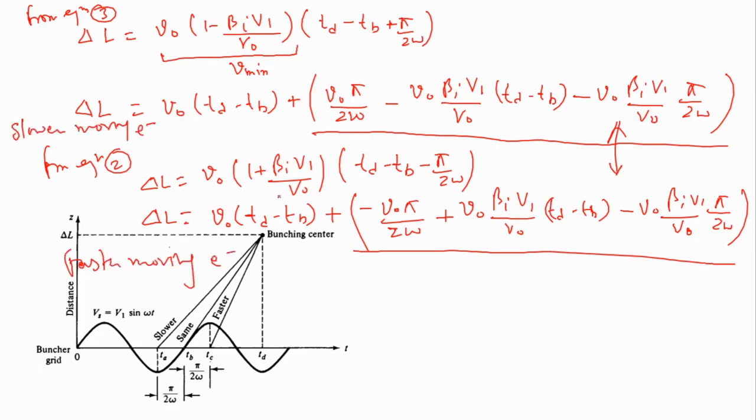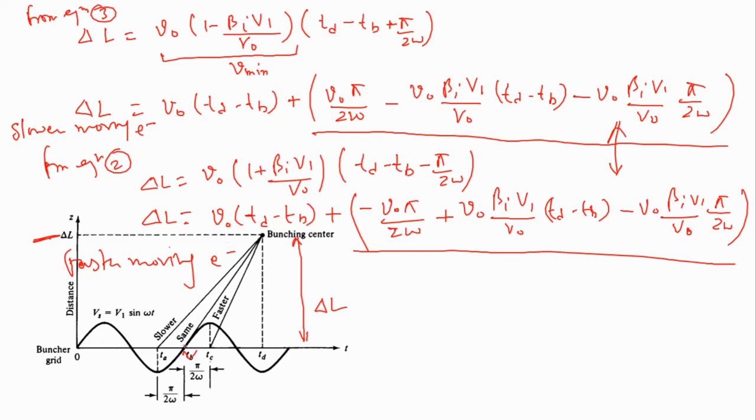But we know that all these electrons, whether slow moving, fast moving, or the same speed, all will travel the distance delta L from the bunching grid. So that means all these delta L should be the same.